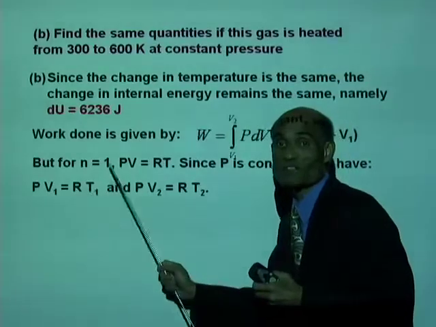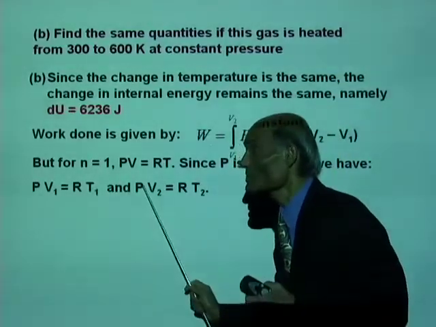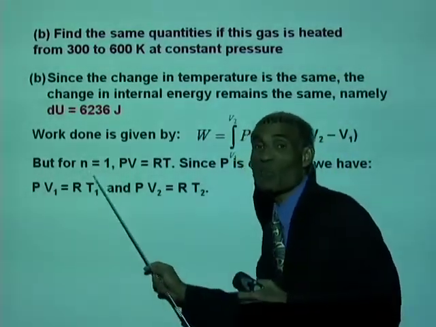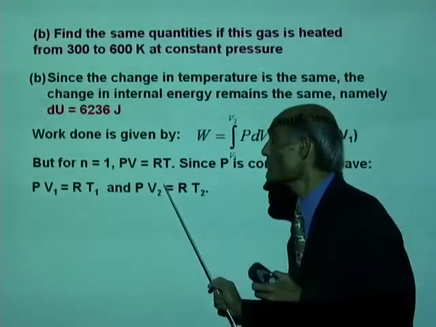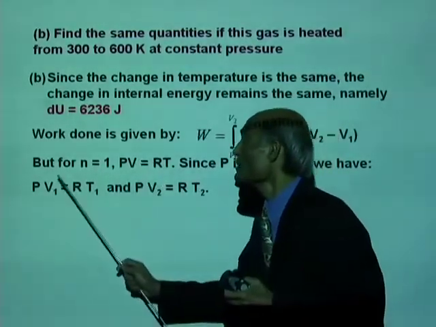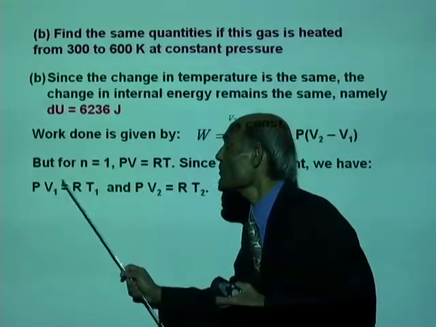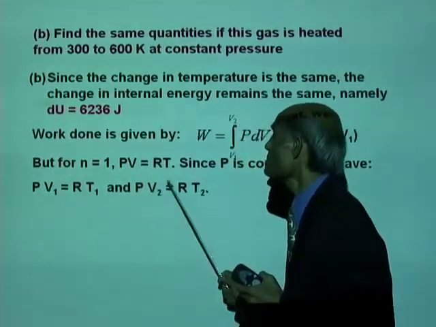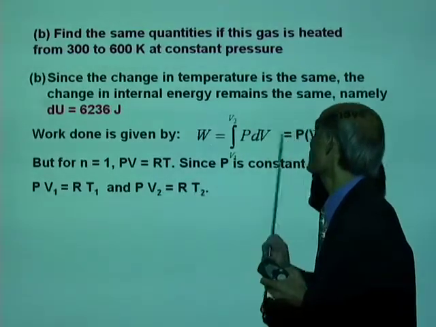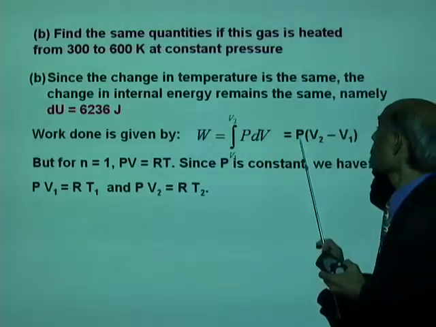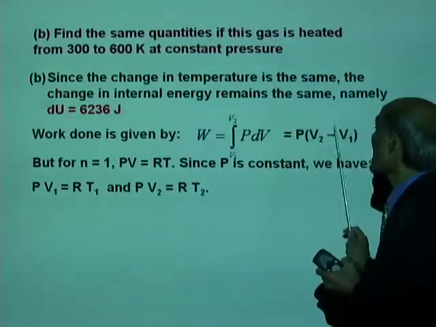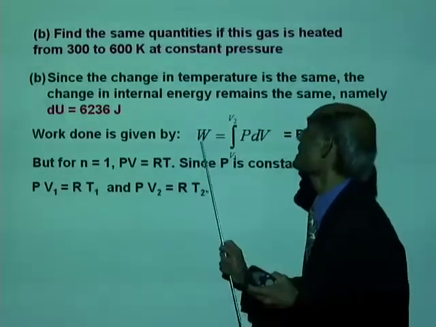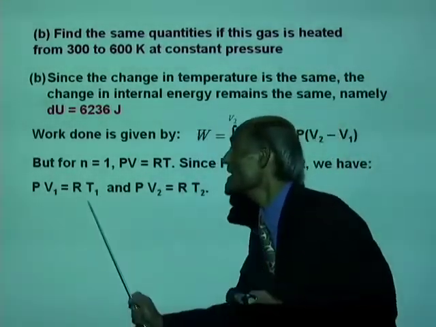You understand these relations? Pressure is a constant. It changes from state 1 to state 2. You see? And we have PV1 equal to RT1 and PV2 equal to RT2. We are looking for PV2 minus PV1, which is the work done. Can you obtain that from here?